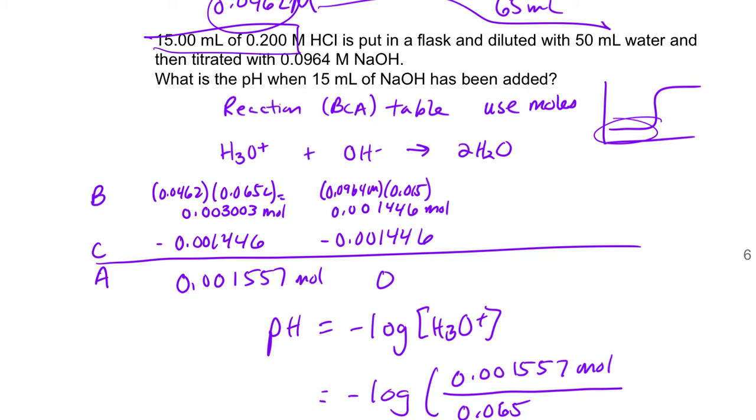We've added now 15, so total in the flask is 80. And we should end up with a pH of 1.71. So our pH did increase, that's great. Didn't increase very much, that's logical.